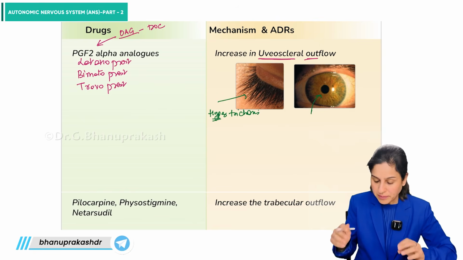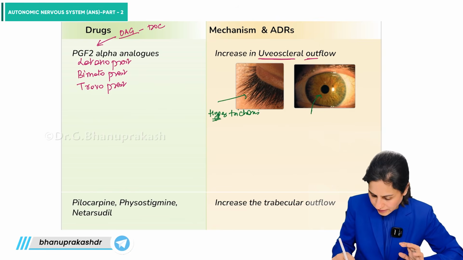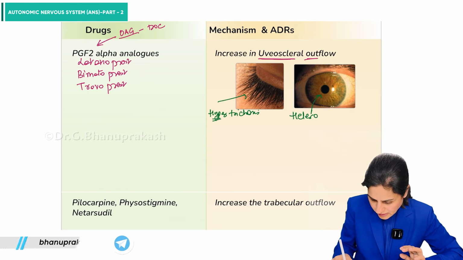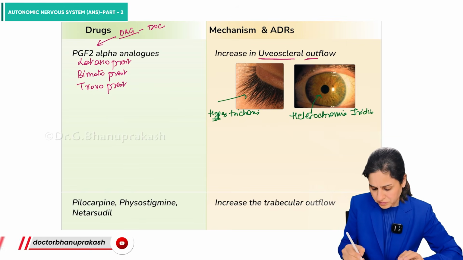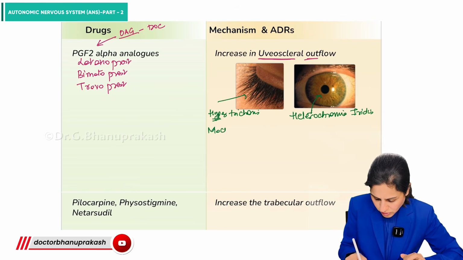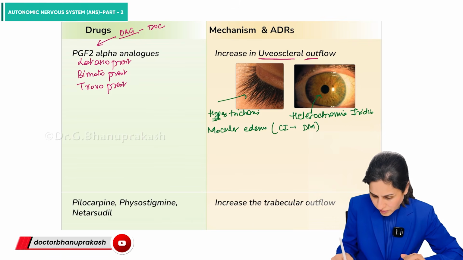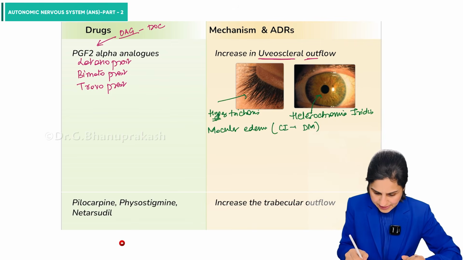Then there is brownish pigmentation of the iris, called heterochromia iridis. Then it can also lead to macular edema. So therefore it is contraindicated in case of diabetes mellitus.